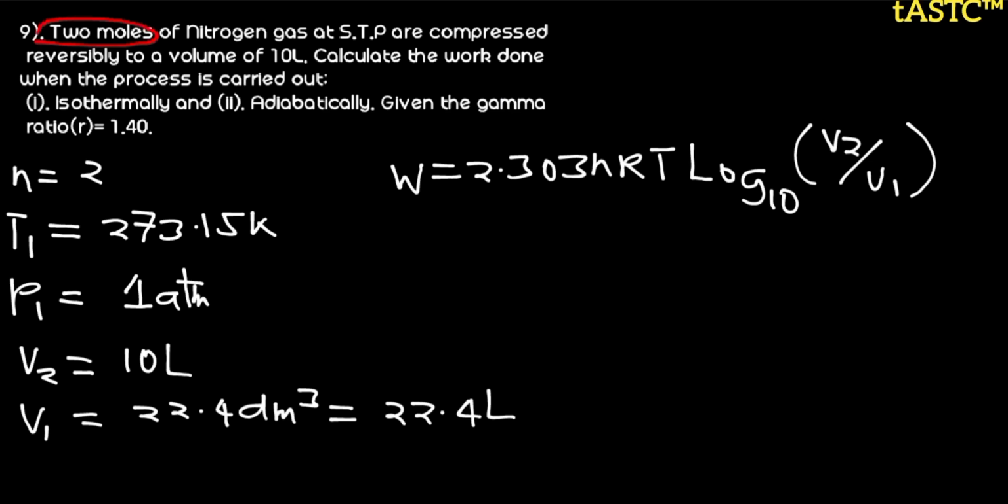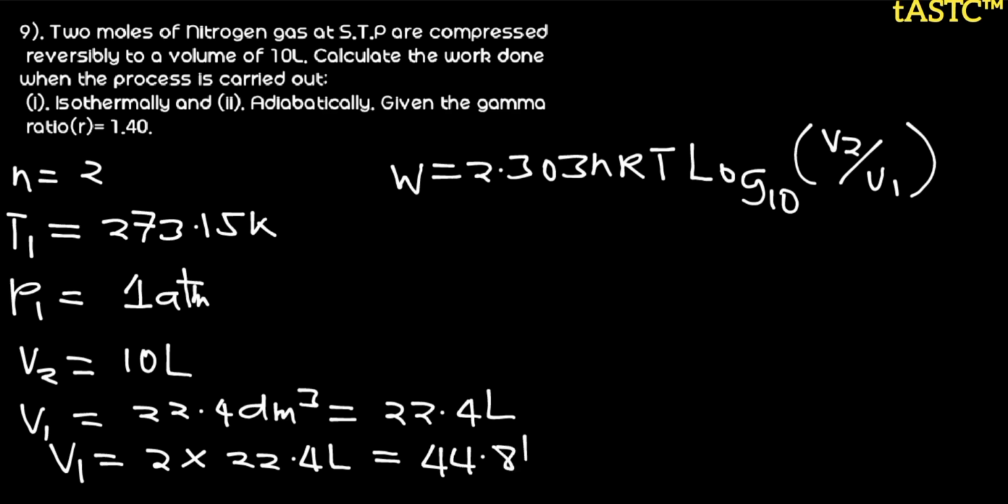So V1 is equal to 2 multiplied by 22.4 liters, which obviously gives us 44.8 liters, right? So we have everything. We can find the work done from here. So W is going to be equal to 2.303 multiplied by n. Now n in this case is 2.